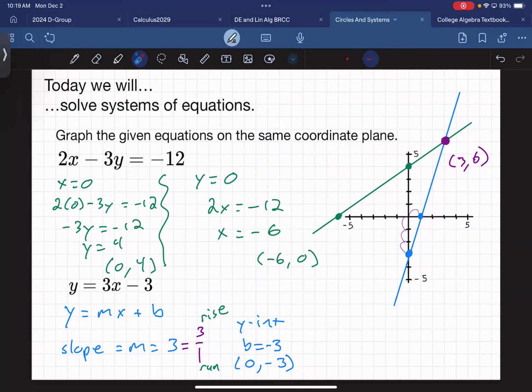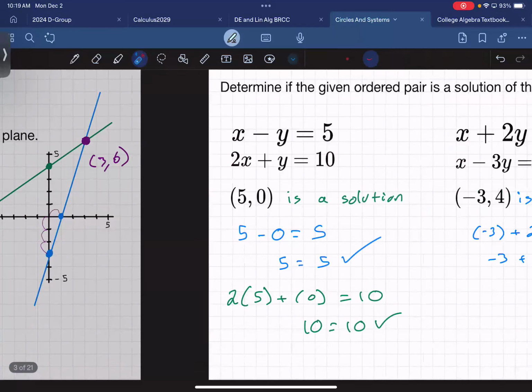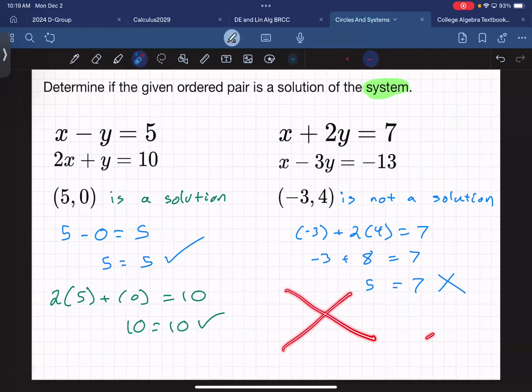How so? If we know both of them are straight lines, can straight lines intersect more than once? Not necessarily, right? The part we have to be careful of is what happens when the two lines are what?